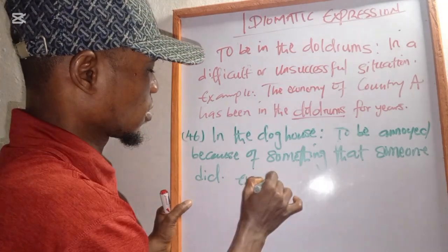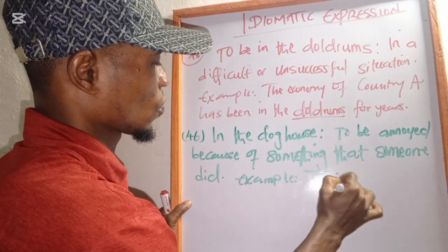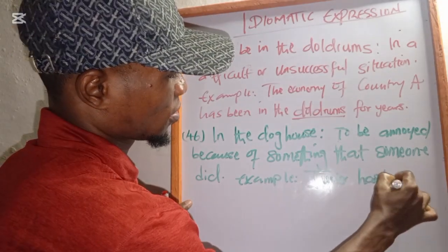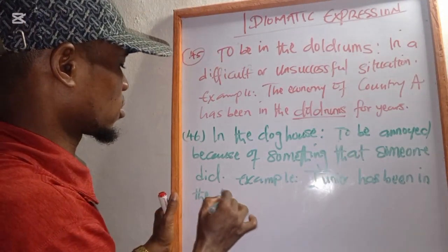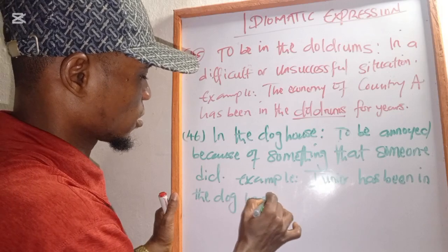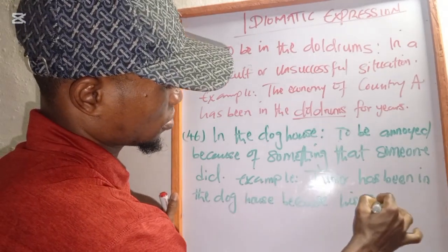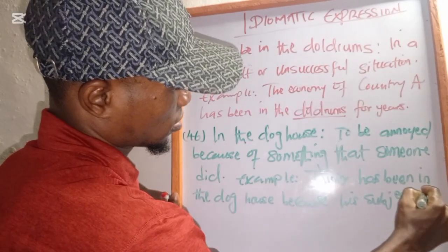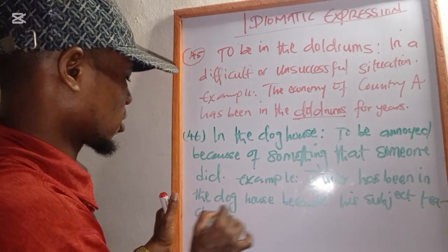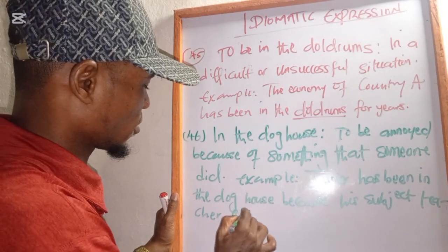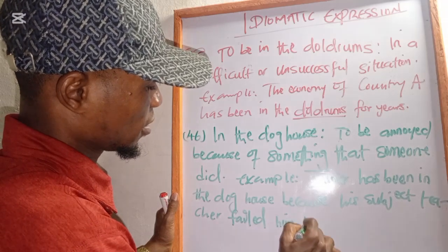Example: Junior has been in the doghouse because his subject teacher failed him intentionally.